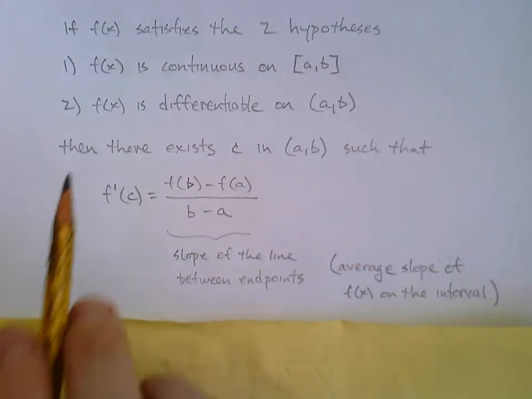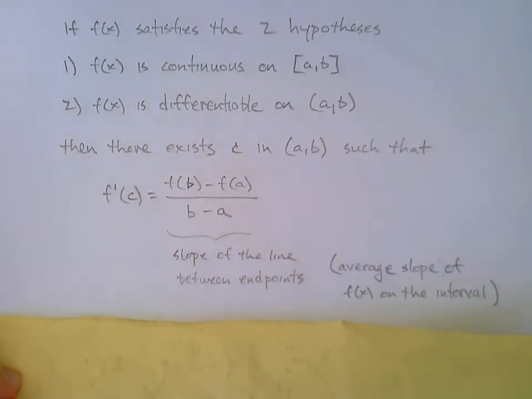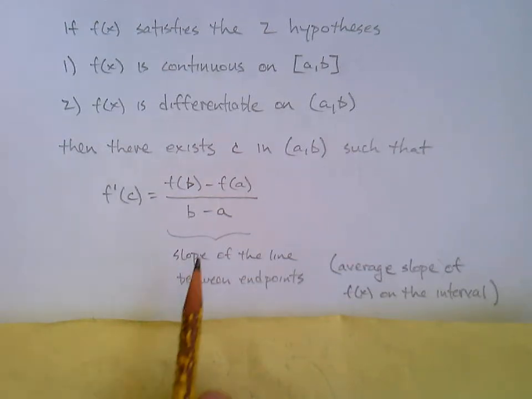Keep in mind, with hypothesis 3 gone, we're not limiting this so that the y values have to be the same at the endpoints. The y values are going to be different at the endpoints probably. So what is this all about?